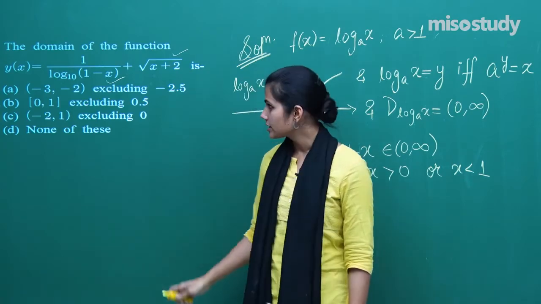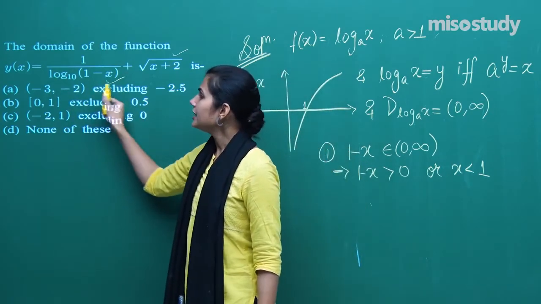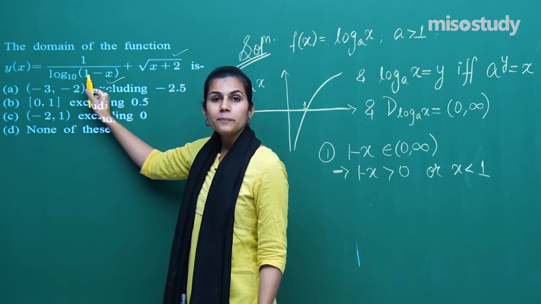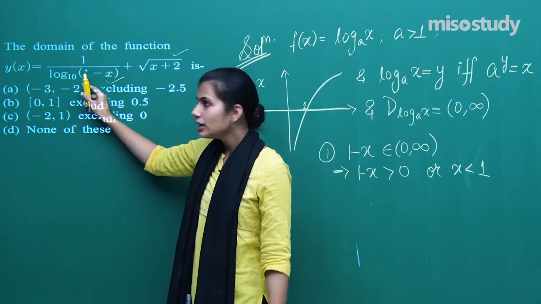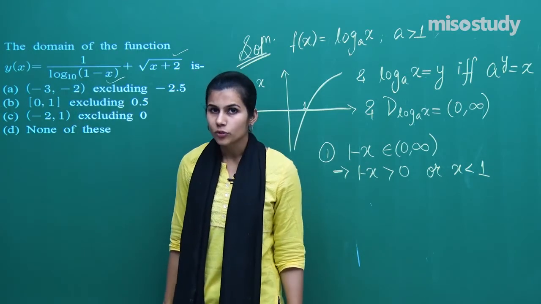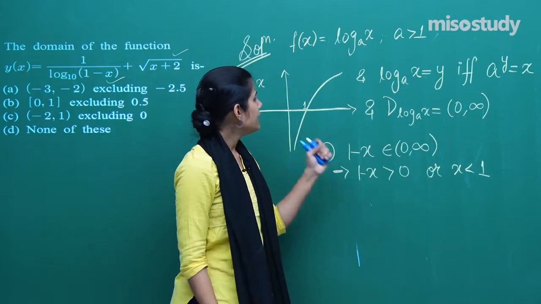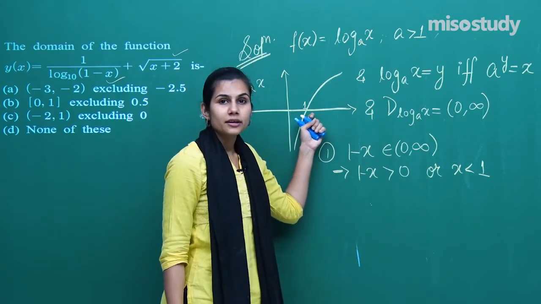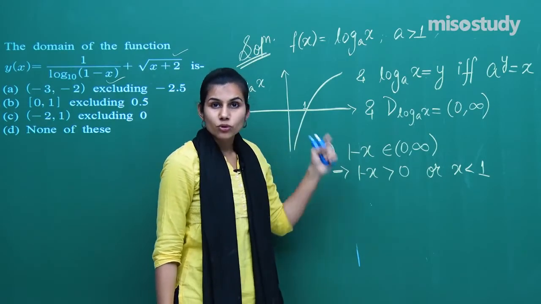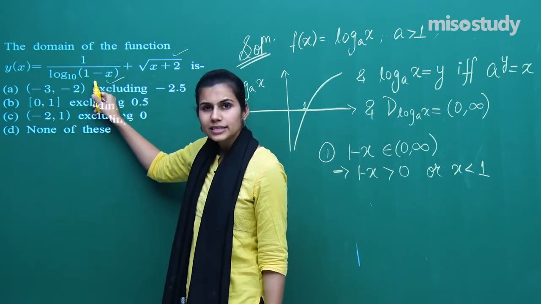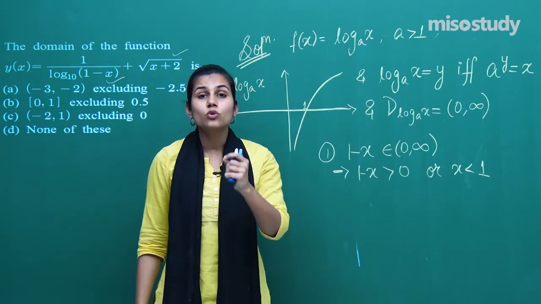Not just this, because this is sitting in the denominator, 1 upon something will be a real number only when the denominator is non-zero. And log of anything is 0 only when that anything is 1, because log 1 is 0. For this expression to be non-zero, I want 1 minus x to not be equal to 1.